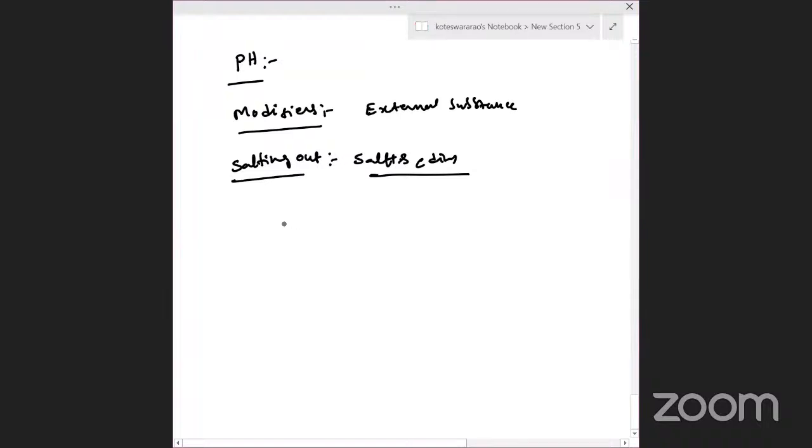Suppose in the extraction procedure, a compound is present in an organic solvent when we are going to extract with some aqueous reagent. If we add some salt, that increases the ionic strength.